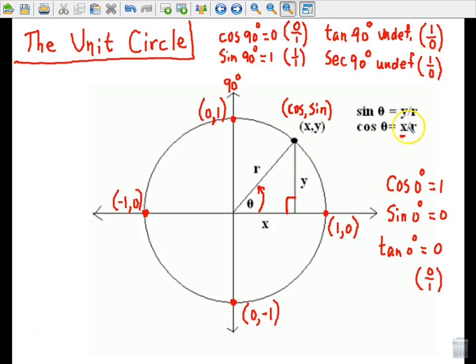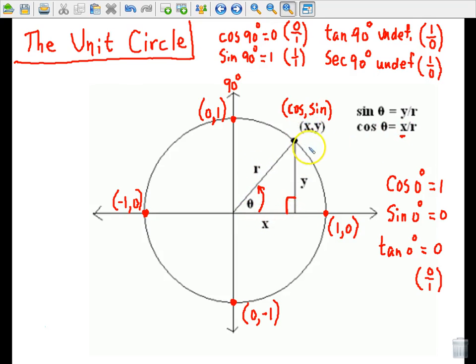It's just another way of showing those same ratios. We've been thinking of sine as opposite over hypotenuse, and cosine is adjacent over hypotenuse.